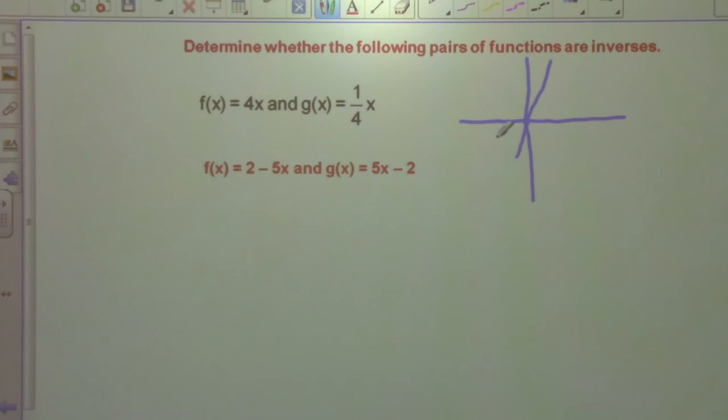Yeah. And you have 1/4 x, which is going to look something like this. And then these are going to reflect about the line. What line is this? y equals x. And you see that the slopes are what of each other? Reciprocals, okay? Thank you, Bryce.